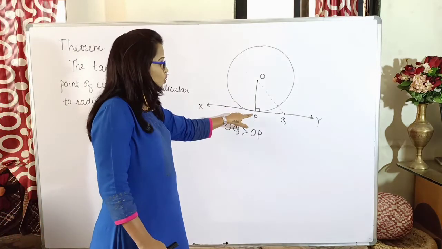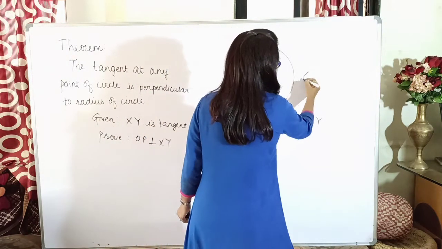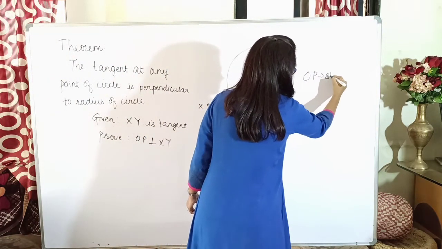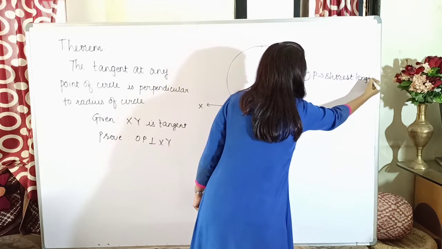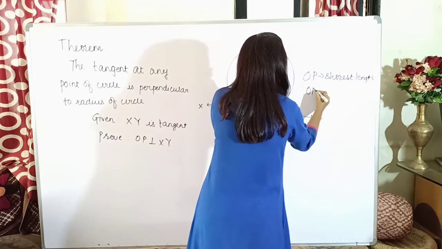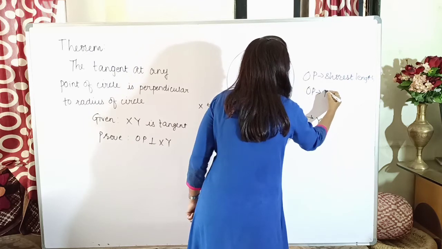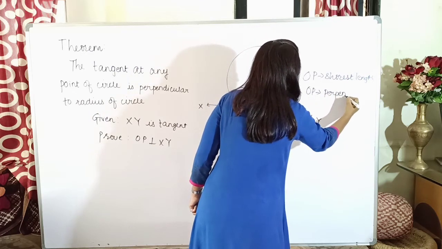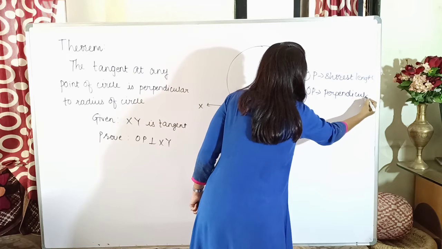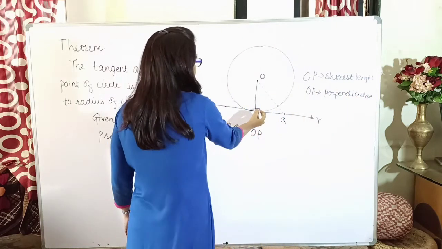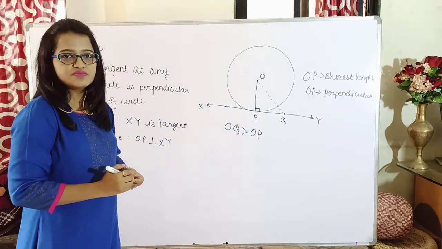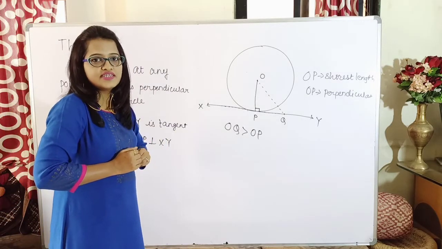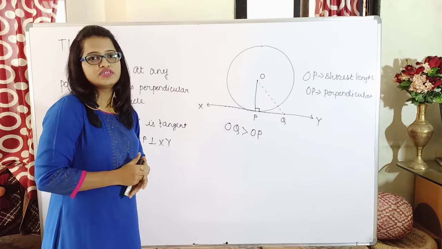In this case, OP is my shortest length. And since OP is my shortest length, it means OP is perpendicular also. If OP is perpendicular, it means at the point of contact the radius makes a 90-degree angle with the respective tangent.